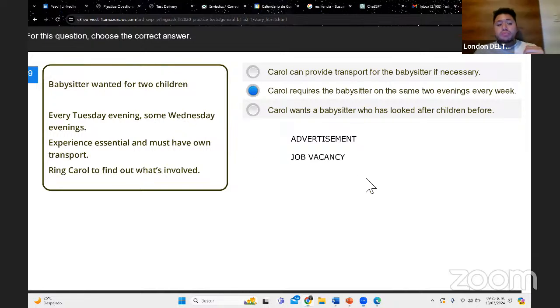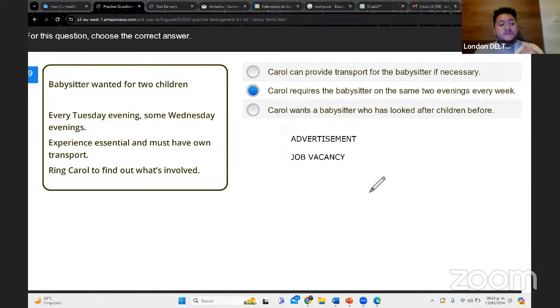So, if someone wants to work here, they need to work every Tuesday, right? Here it says every Tuesday evening. But it says some Wednesday evenings. So, cada martes y algunos miércoles, no todos los miércoles.